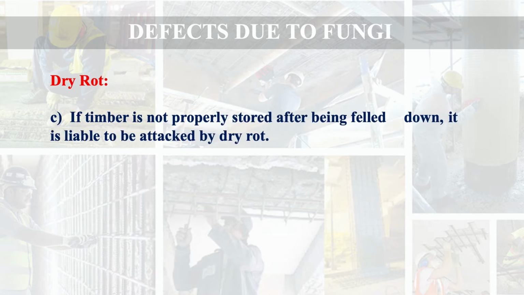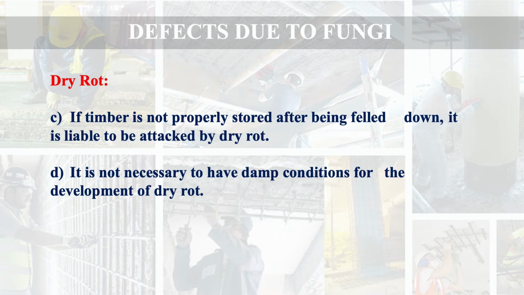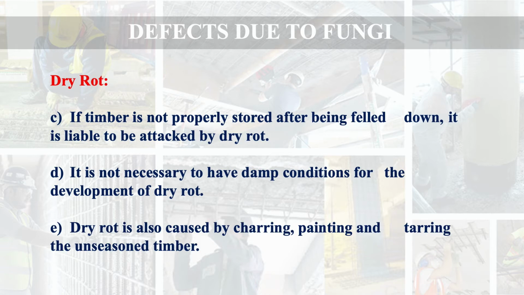If timber is not properly stored after being felled, it is liable to be attacked by dry rot. It is not necessary to have damp conditions for the development of dry rot. Dry rot is also caused by charring, painting, and tearing of unseasoned timber. So these are also the reasons for dry rot.